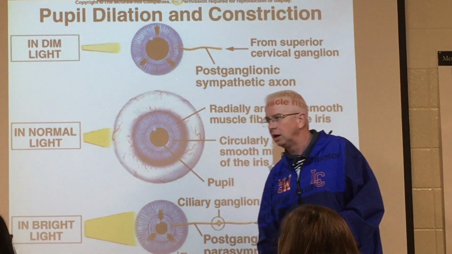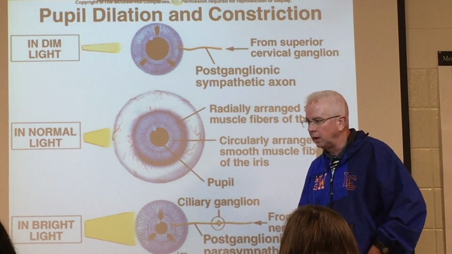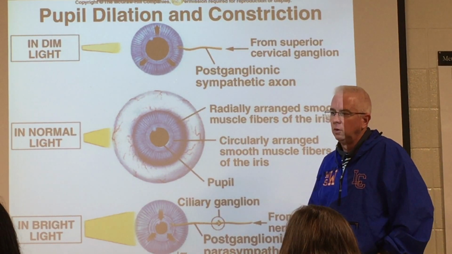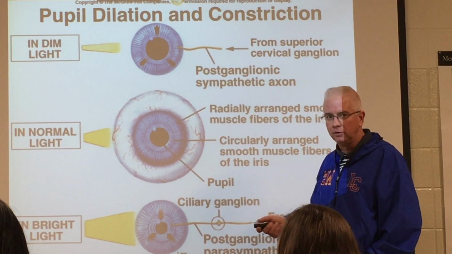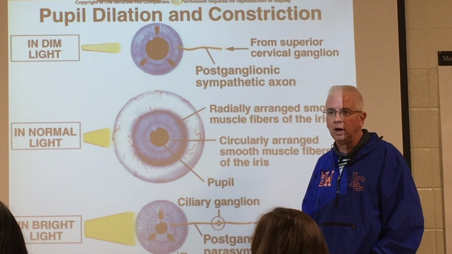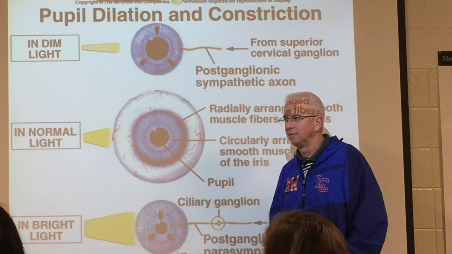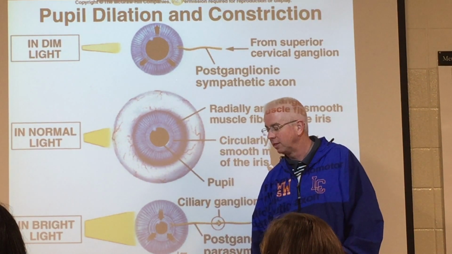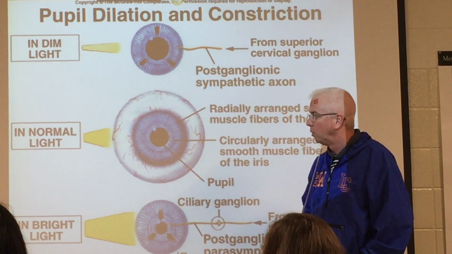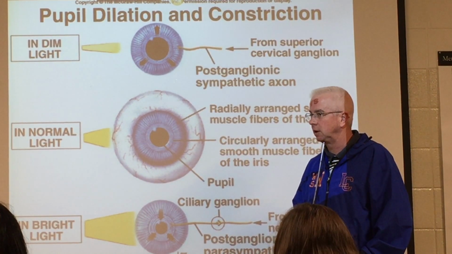Now, can any of you remember the answer to the question, why is it that when you shine light into one eye, both eyes constrict? Where does that happen? No, there is crossing of fibers at the optic chiasm.